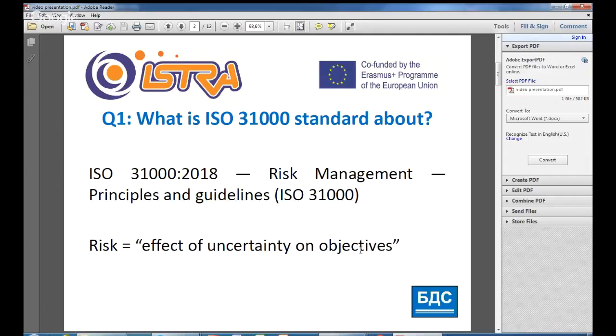ISO 31000 provides direction on how companies can integrate risk-based decision-making into an organization's governance, planning, management, reporting, policies, values, and culture.